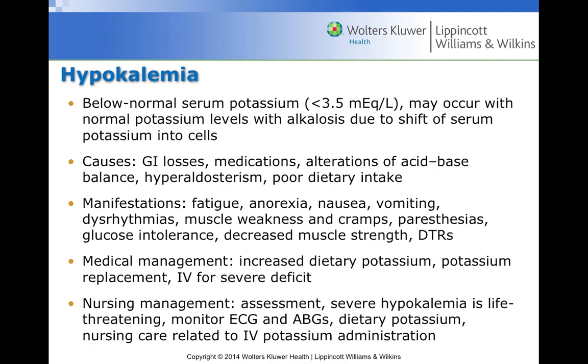When we look at the assessment and diagnostic findings, in hypokalemia, the serum potassium concentration is less than the lower limit of normal. EKG changes can include flat T waves or inverted T waves or even both, suggesting ischemia, and ST segment changes. An elevated U wave is specific to hypokalemia.